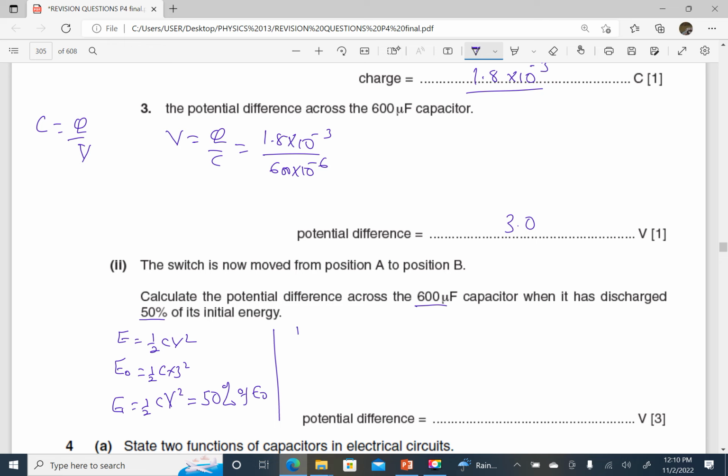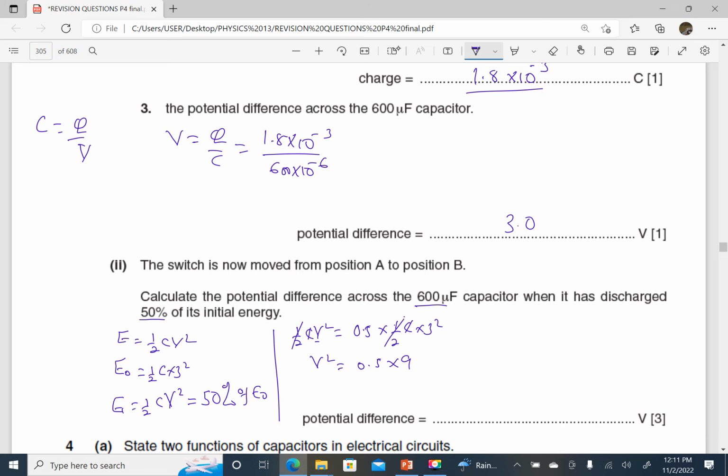So that means we shall have that a half CV squared, the new PD, V, is equal to 50%, the same as 0.5 times E naught, which is a half C times 3 squared. So C has cancelled, it is not necessary. And the half has cancelled, so we have that V squared is equal to 0.5 times 9.